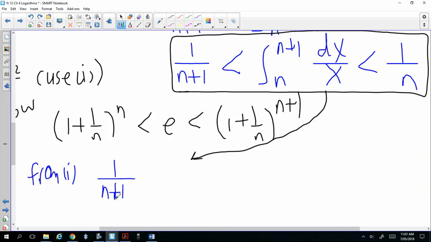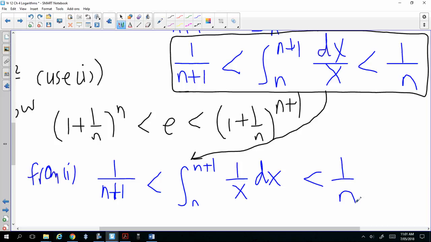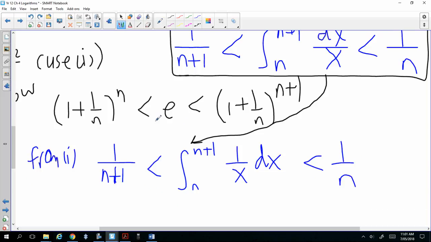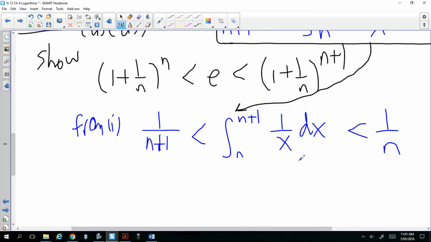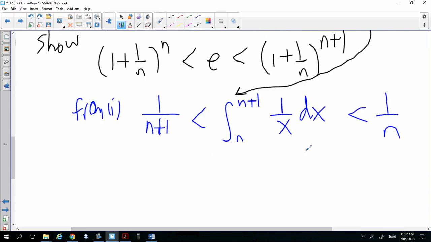Now the question is, where does the e come from? You see, there's n and n plus 1, but you have to create the e. To do that, you have to integrate this expression, because when you integrate it, you get ln x, which is really log base e of x. So that's where the e comes from. Hopefully we can make the e appear like this.